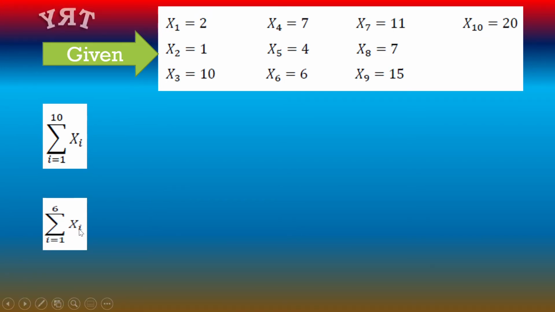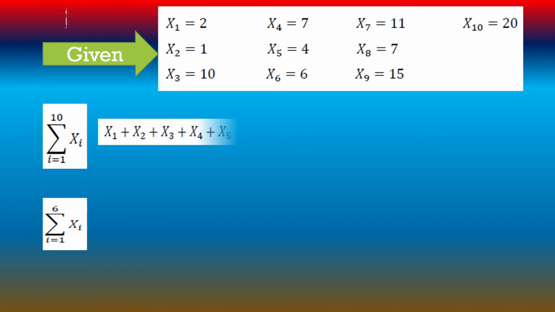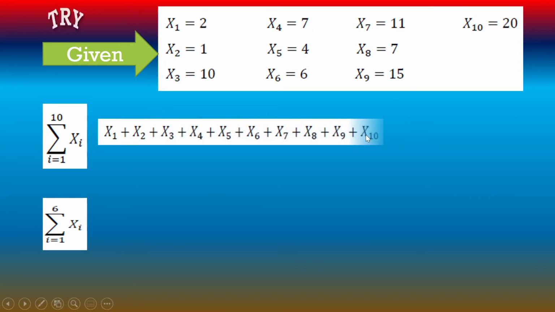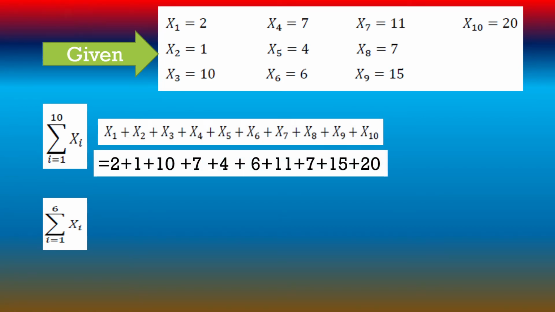Ito naman, X sub i that range from X sub 1 to X sub 6. So, ganun lang ulit ang ating solution. Dahil ang formula lang naman natin ay X sub i, so ibig sabihin, i-add lang natin yung mga values ng X sub i. So, substitute, then get the sum, we will get 83.